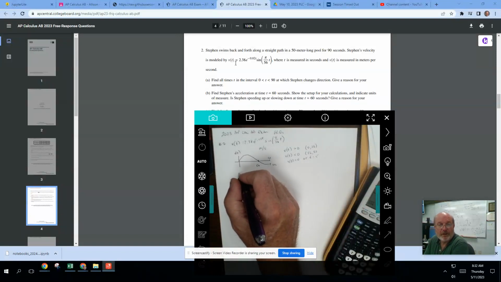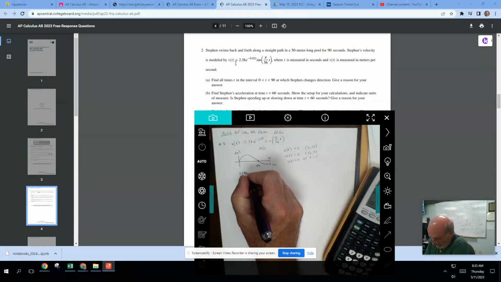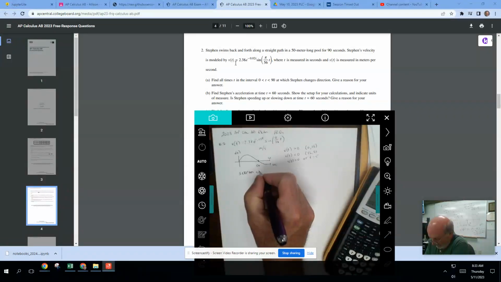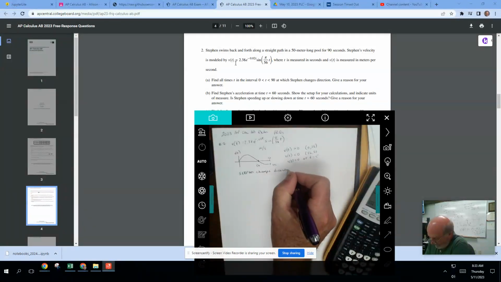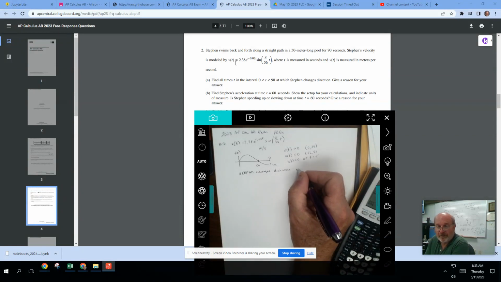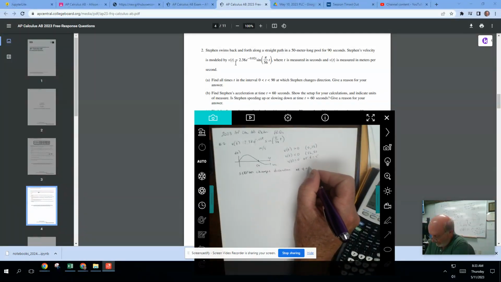And so we're going to say find all the times t in the interval 0 to 90 at which Stephen changes direction. So Stephen changes direction at t equals 56 seconds.